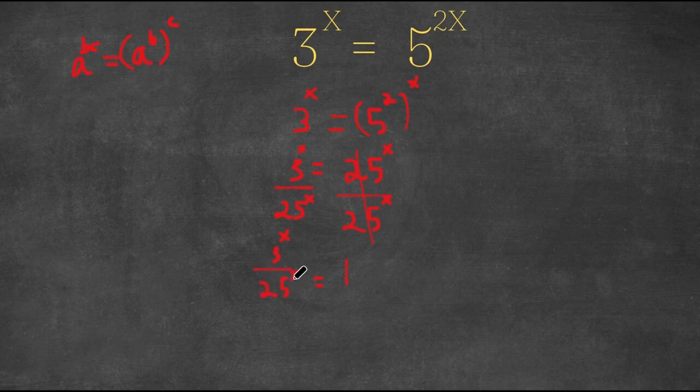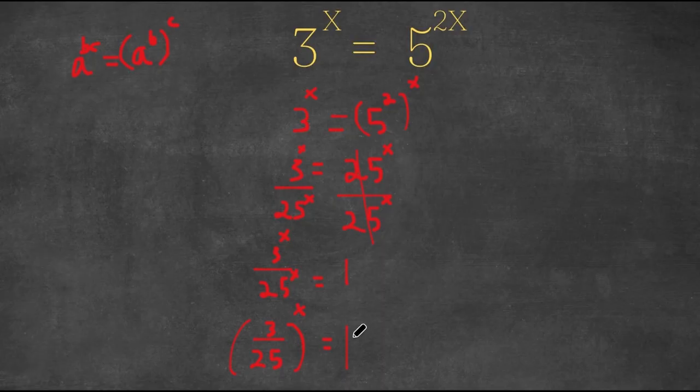Now, whenever we have our numerator going to the power of an exponent and our denominator going to the power of the same exponent, we can rewrite this as 3 over 25, to the power of x, equals 1, because the x just multiplies with all our numbers here. So this is equal to this.